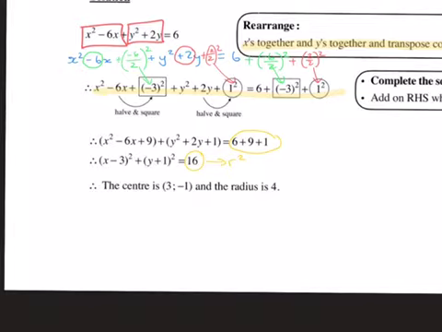Then this x piece gets sorted out into a trinomial, and it happens to always be a perfect square trinomial. So it means it's got to be the same binomial squared, and that is then going to give you your center value, your a value. Then the same thing happens with your y equation. It becomes a perfect square trinomial, and that gives you your b value.